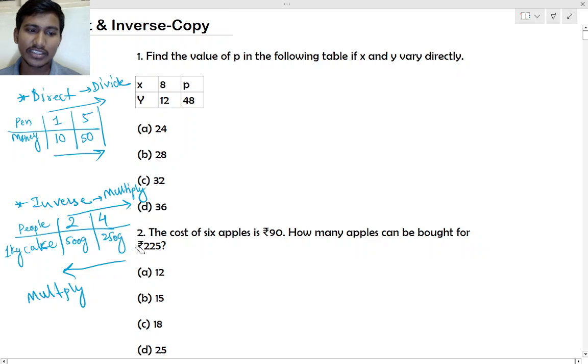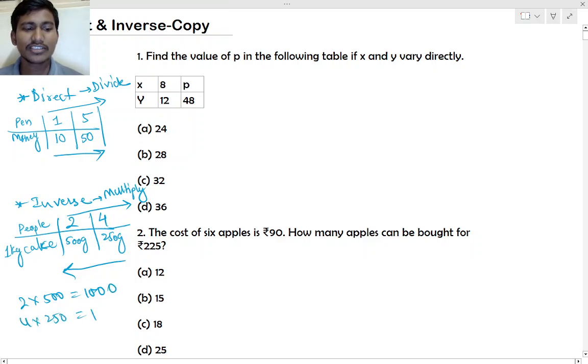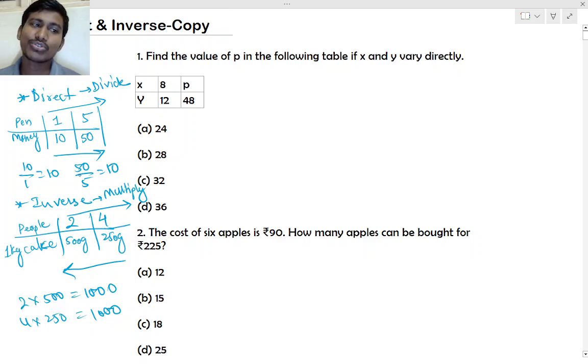Okay? So in direct proportion we have to divide. In inverse proportion you have to multiply, and you will get the same answer. Understand now?